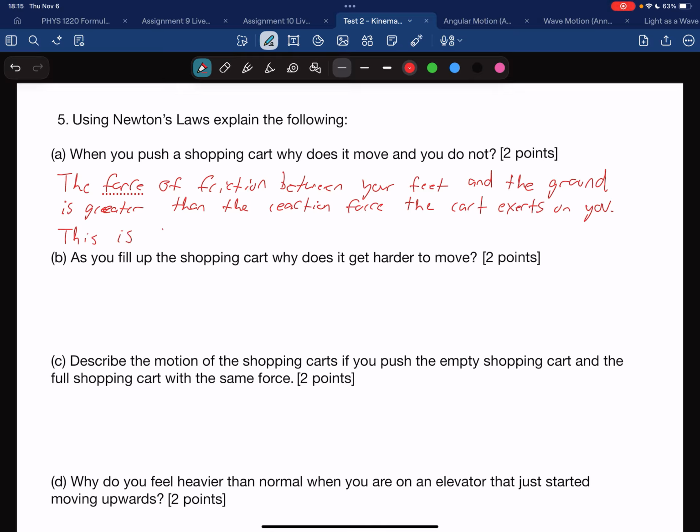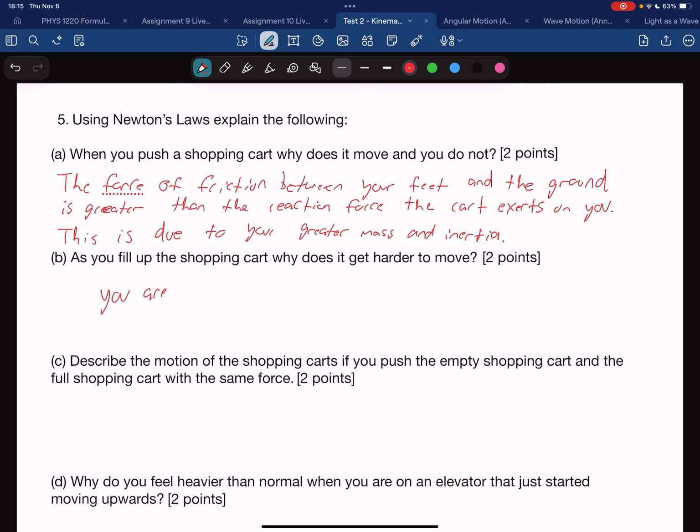This is due to your greater mass and inertia. It's due in part of your greater mass and inertia. So as you fill up the shopping cart, why does it get harder to move?